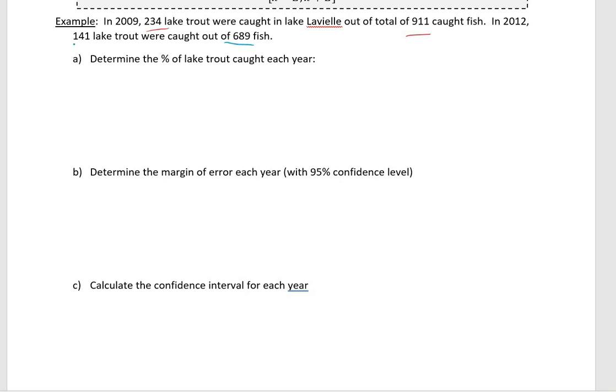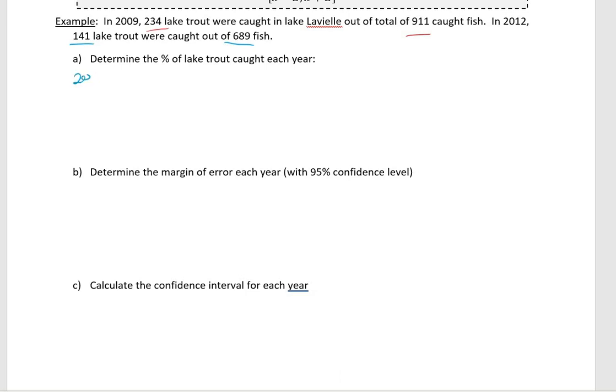They caught 689 fish, of which 141 were lake trout. So what percentage of the fish, that's worded badly too, determine the percentage of fish that were lake trout, basically, each year.